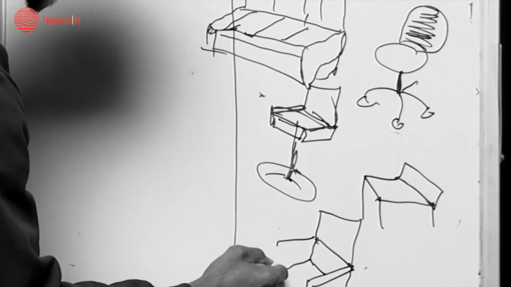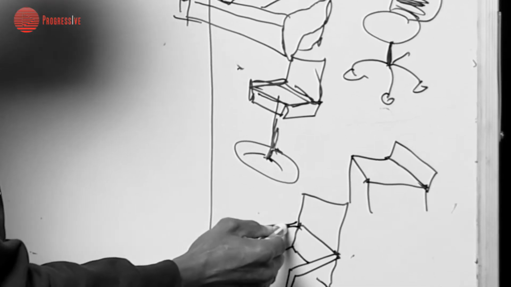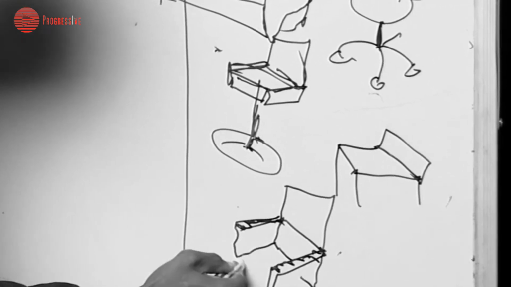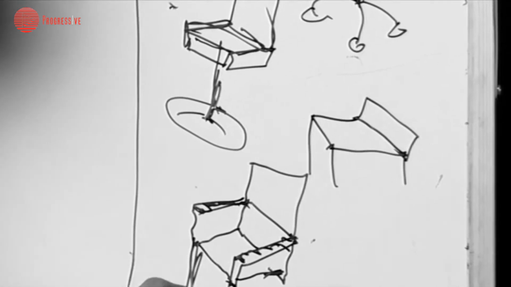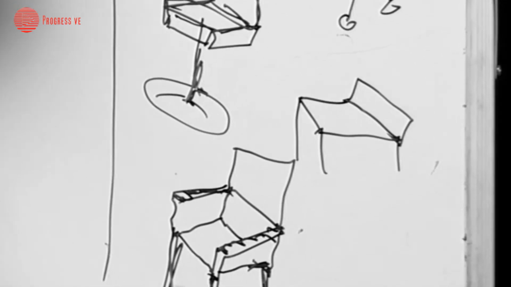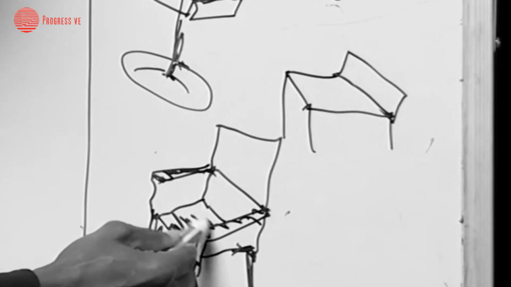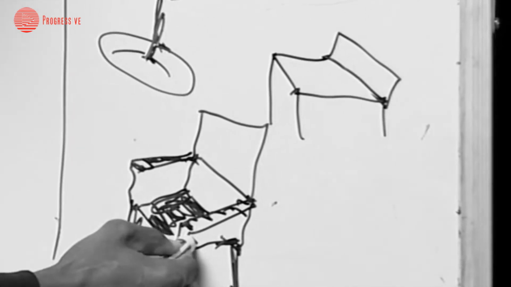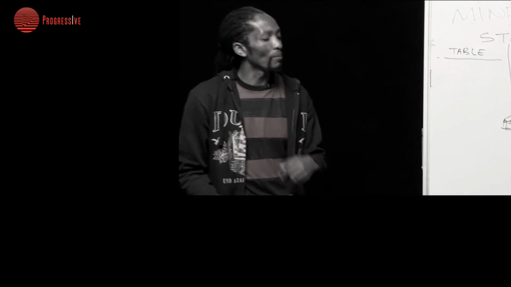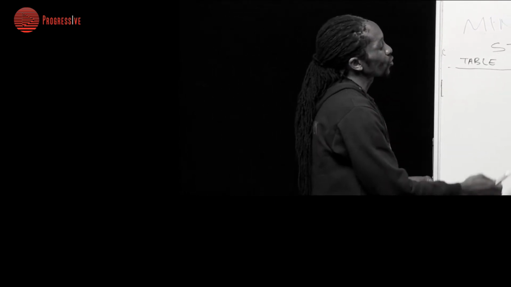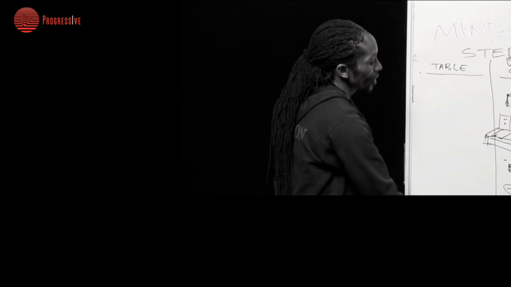See, so this will be my sketch of an armrest. So this is my armrest, where one needs to relax. Then I have my legs there. So this is where I'm going to be able to sit, isn't it? So this is a little bit more of an illustration for you to understand exactly what is happening. So I want you to start to focus. Once you start to look, I'm looking at the chairs.